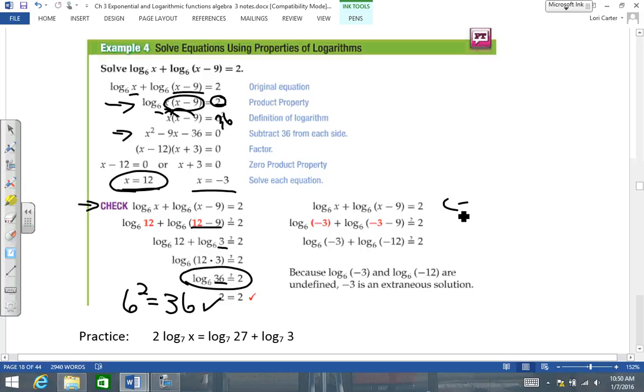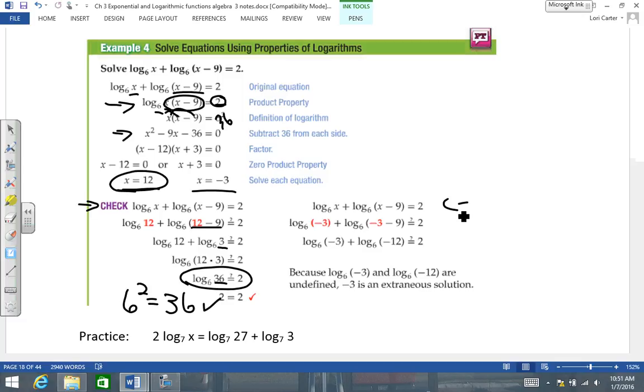Type in log base 6 of negative 3 in your calculator. Domain error. What did you get? I got negative 2.32. It should have given you no answer.